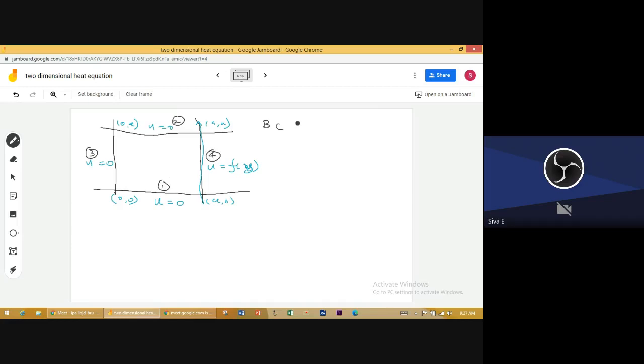Okay, so u of x comma 0 equal to 0 is the first one. Second one is u of x comma a equal to 0.